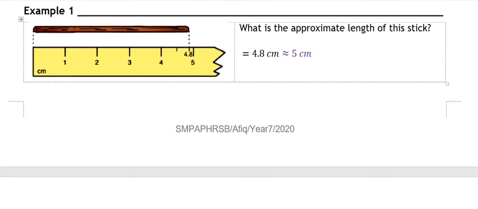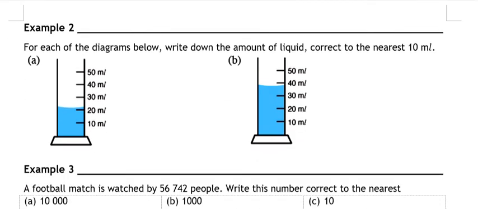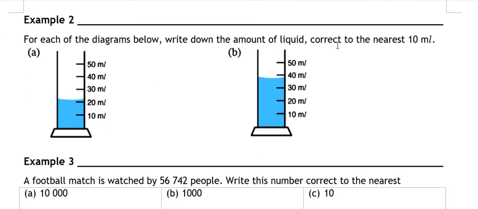Okay, next one: for each of the diagrams below, write down the amount of liquid correct to the nearest 10 milliliters. So you can see here in the diagram for part A, it is almost equal to 20 milliliters. So what you can do here is to use the symbol instantly, and you say it is approximately equal to 20 milliliters.